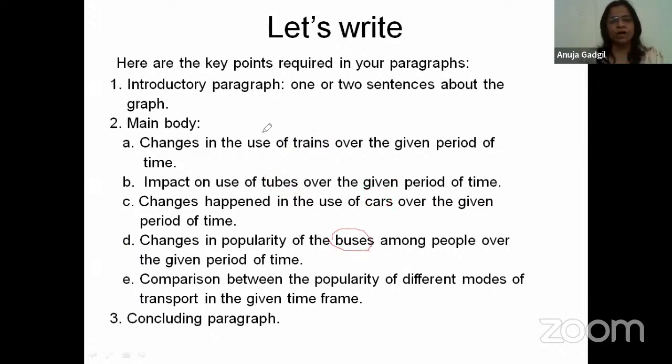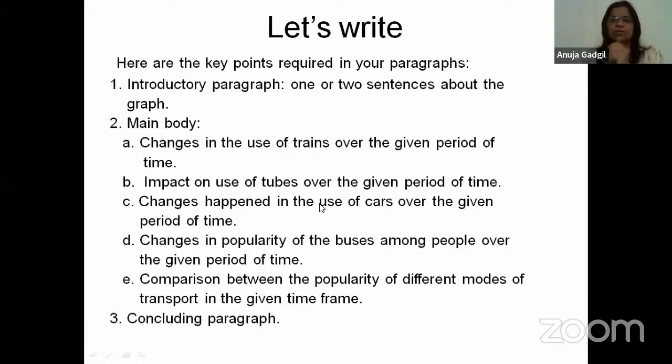How the change in popularity took place for all these transport modes over the years 1960, 1980, and 2000. So you write about all these four modes of transport in around 3 to 4 lines each. And then you conclude the paragraph. Let us check how we can write this.